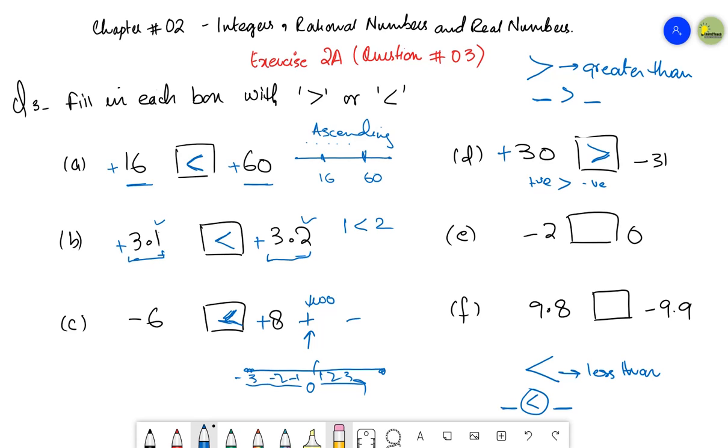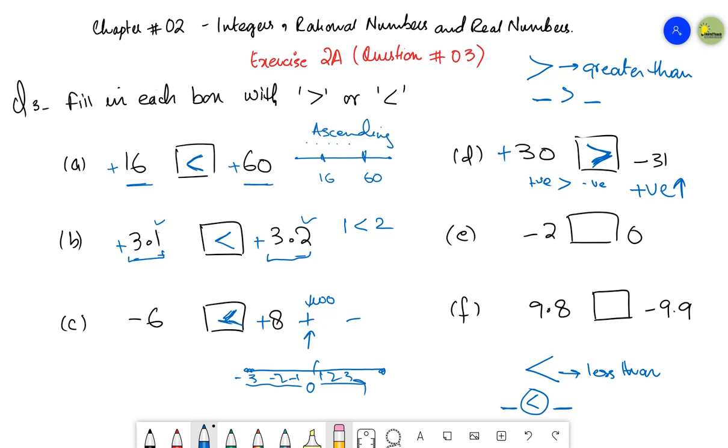Minus 31 is a negative number, and we have already seen that the negative numbers come before the positive ones on a number line. It means that negative numbers are always smaller than positive ones. So whenever you have two numbers, one positive and the other negative, just keep in mind that the positive number is always bigger. So you will write plus 30 is greater than minus 31. You will write the greater than symbol over here.